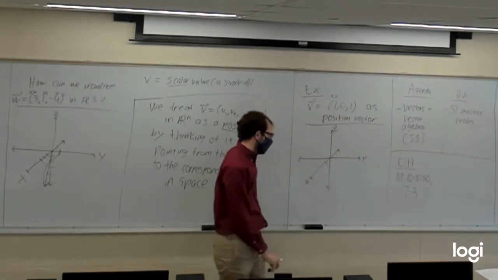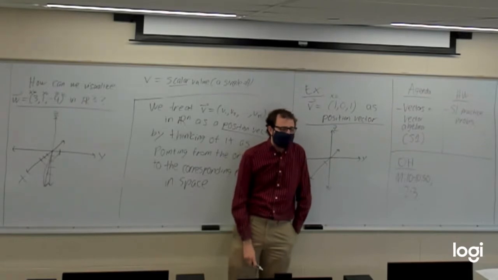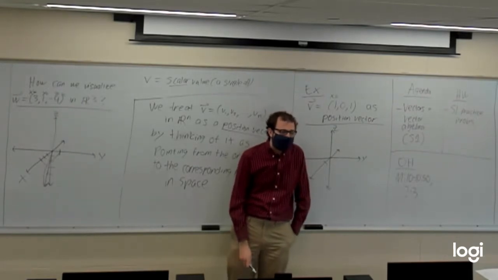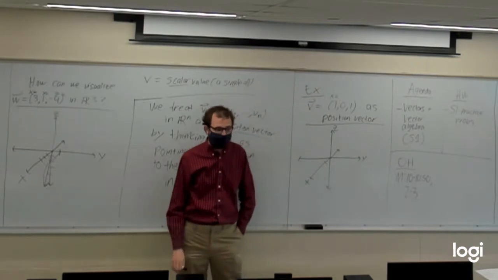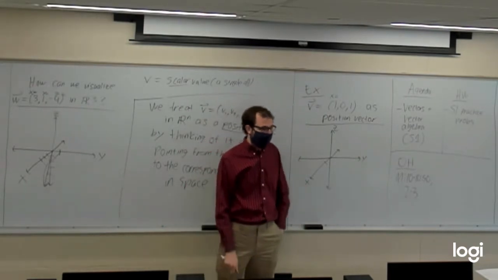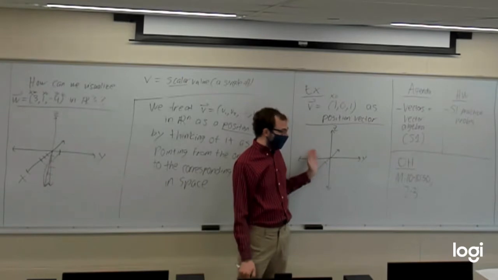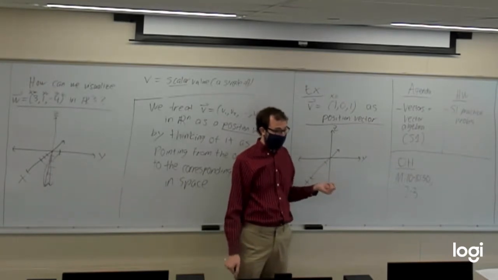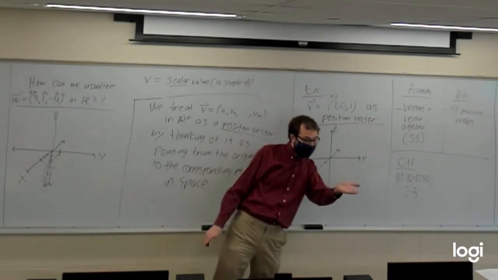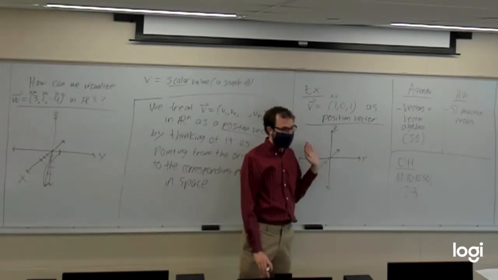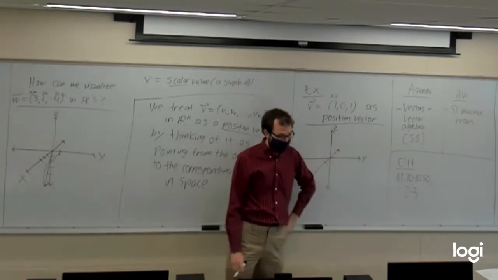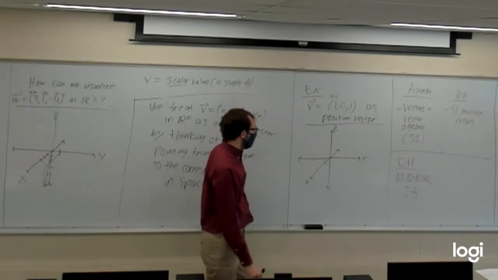How about the y direction? How far out in the y direction do we need to travel, to the left or to the right? What's that? 0. Yeah, there's no going to the left or going to the right on this one. So 0 units in the y direction.